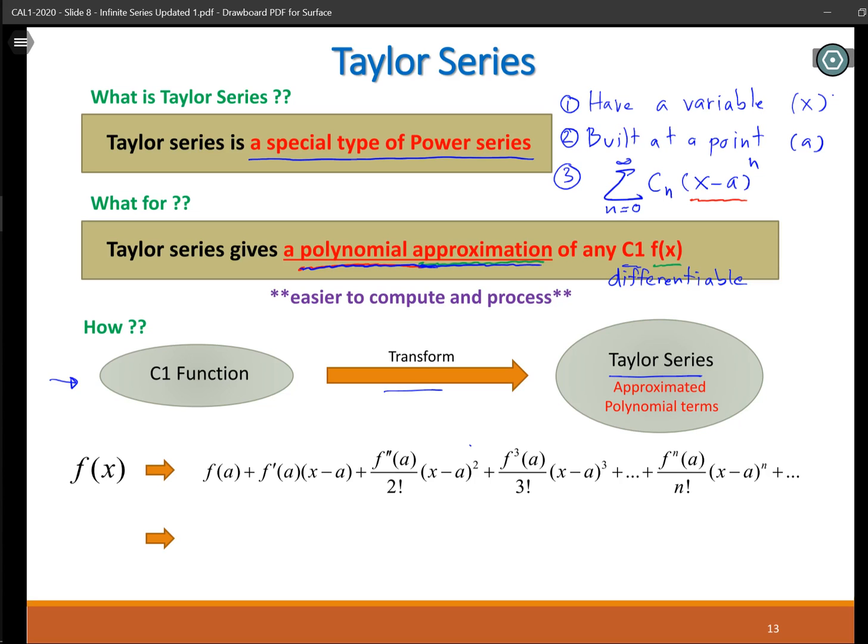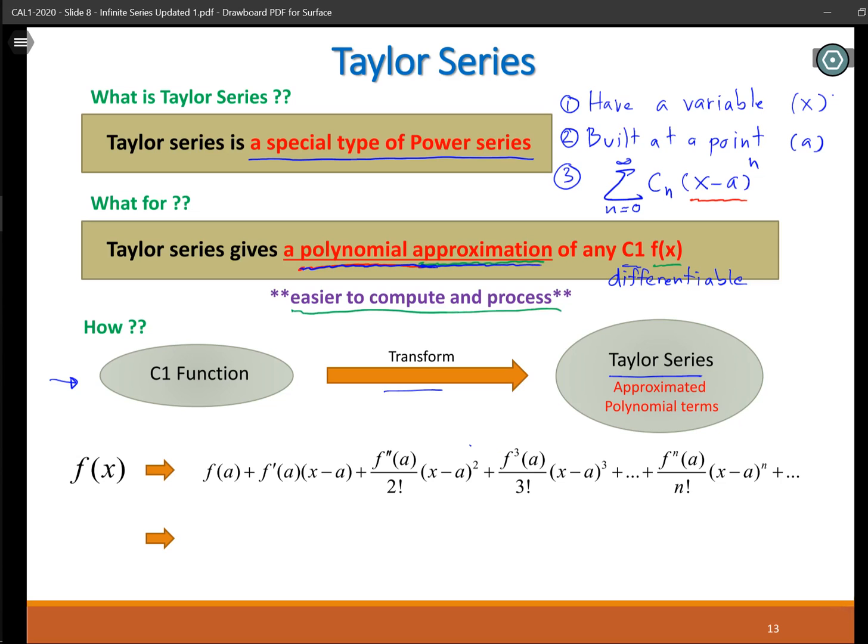The answer is that sometimes the function can be complex or complicated, and it can be hard to compute. Once you transform this function into a Taylor series with only polynomial terms, they are quite easy to manage with the computations. So that is why this approximation is supposed to be easier to compute and process.